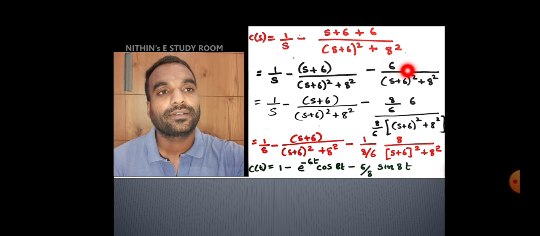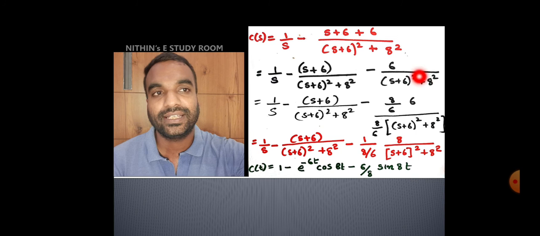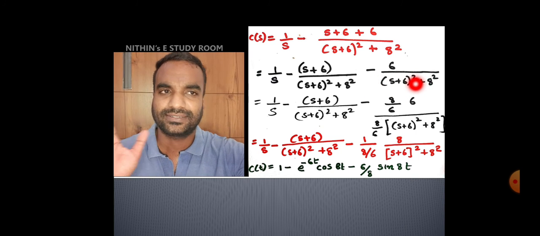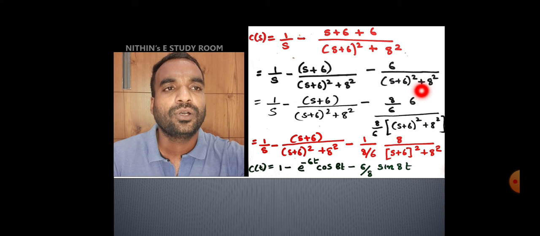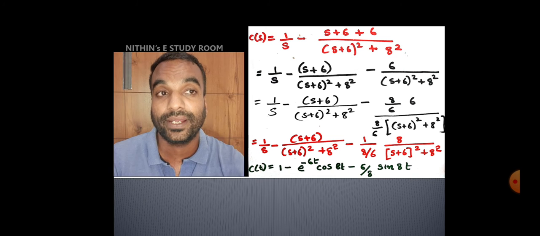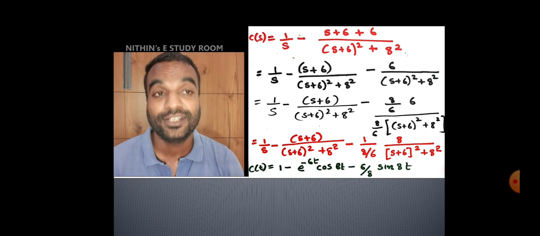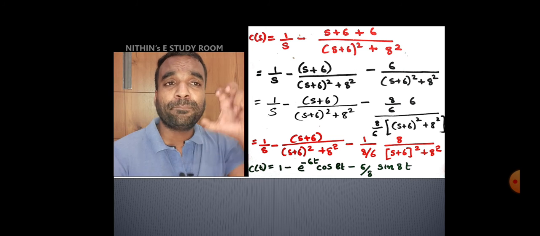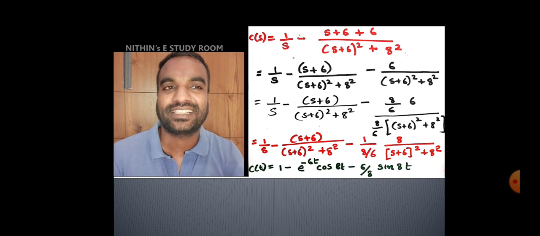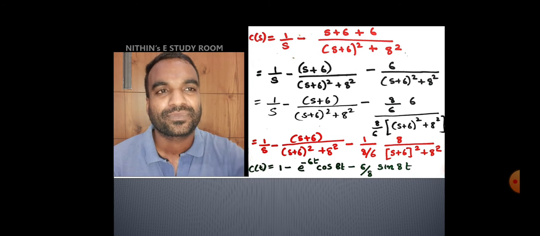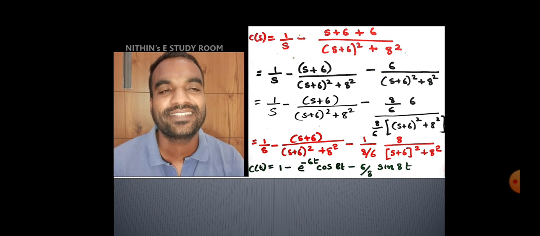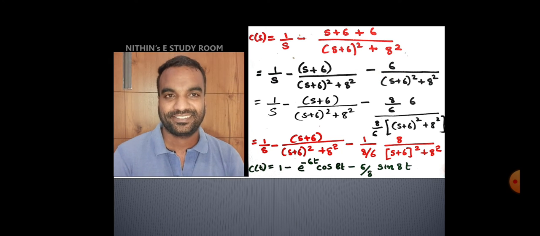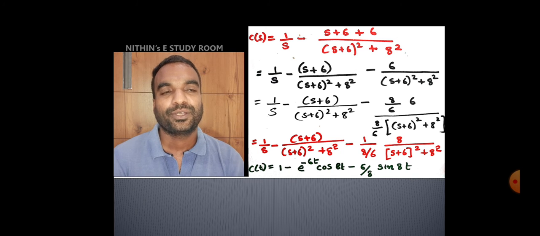So here in the denominator, s plus 6 shifting is there. Let us check it. Anyhow, it will be in the form of s square plus omega square. But in the numerator, omega should come, but 8 is not there in the numerator. So your aim is to implant an 8 instead of that 6.